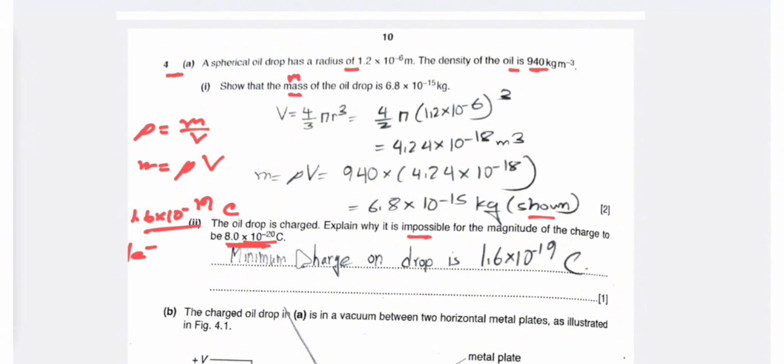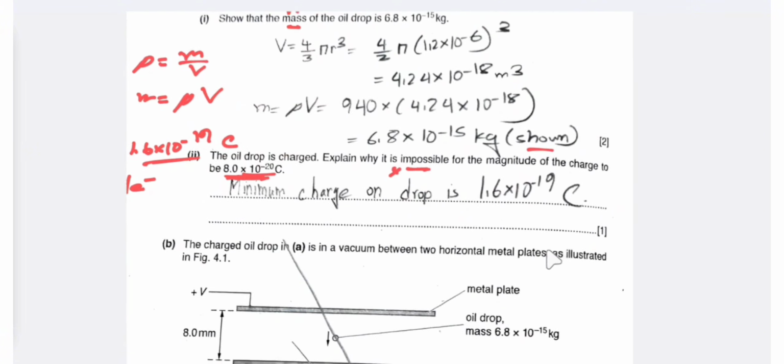Therefore, it is not a multiple of this charge. Therefore, it is not a valid charge, or it is an impossible magnitude of charge. So the minimum charge on the oil droplet is 1.6 into 10 to the power minus 19 coulomb. And the rest of the answers are related to electric field, so this is not in our syllabus.